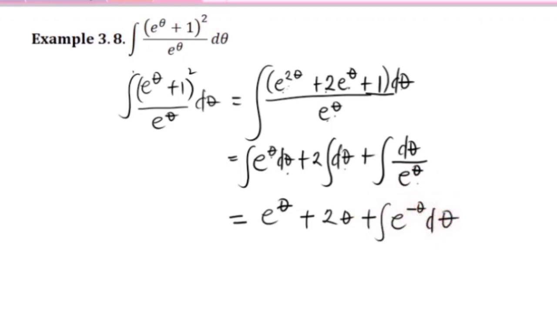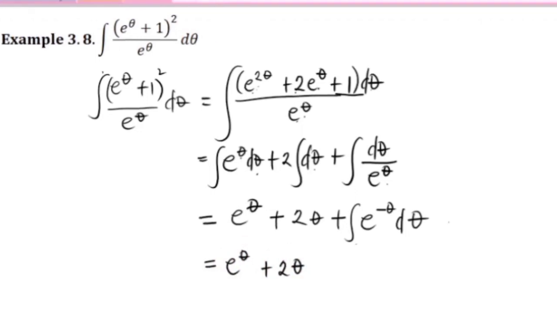So, hindi pa muna tayo maglalagay ng plus dito kasi may natitira pa tayong integral sign. So, we have here e raised to theta plus 2 theta, and then here, our v is equal to negative theta. So, your dv is equal to negative d theta.